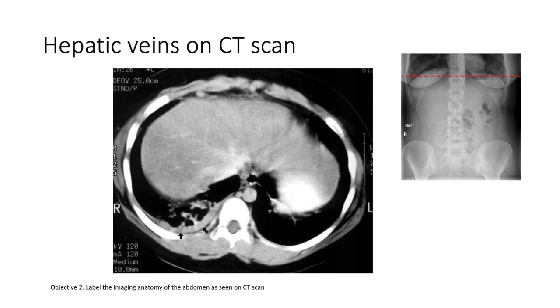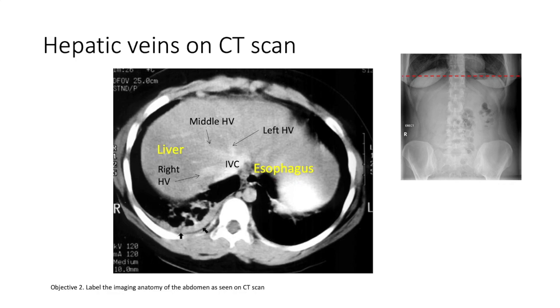So we've got the hepatic veins on a CT scan. Here is the left hepatic vein. Here's the middle. And here is the right. There's our IVC. And here's our liver.